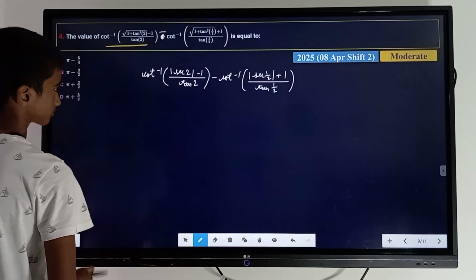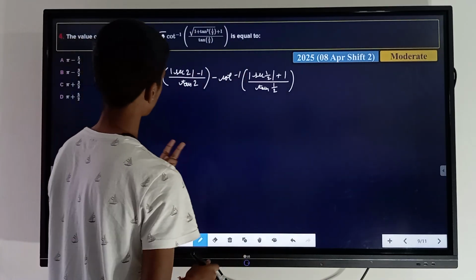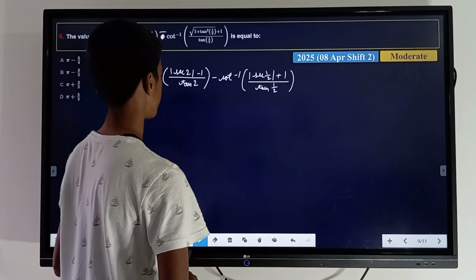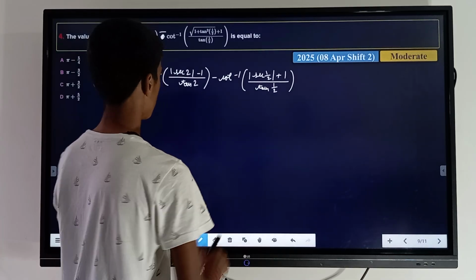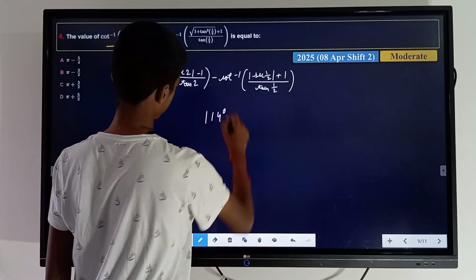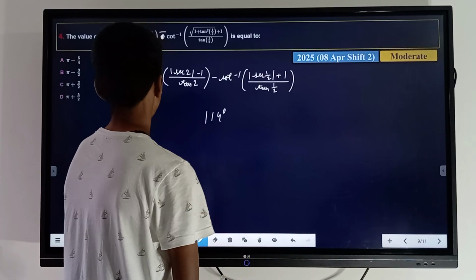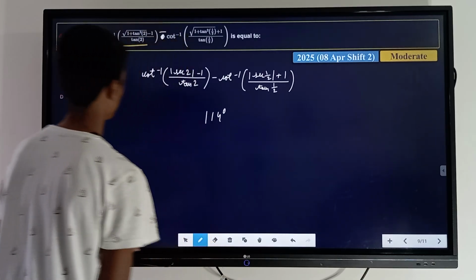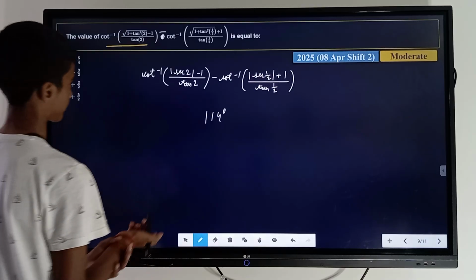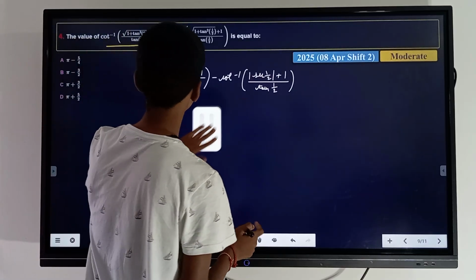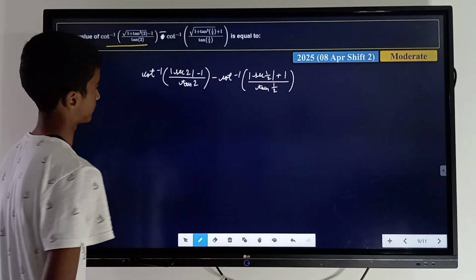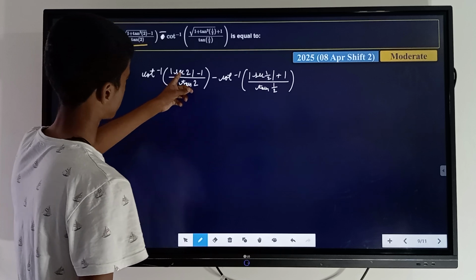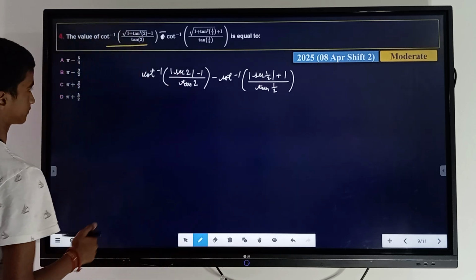Now, our 2 radian is around 114 degrees, which is in the second quadrant. So in second quadrant cos is negative, so sec is also negative. So here we will multiply both numerator and denominator by cos 2, and this mod will open with minus.